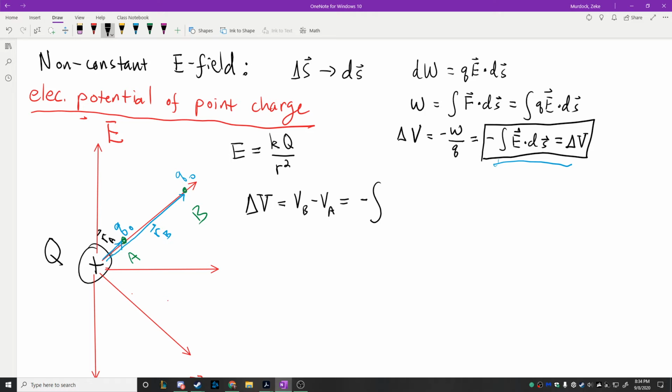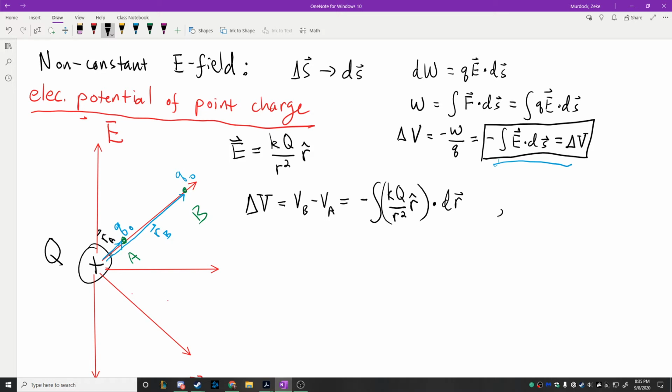Well, E is KQ over R squared, and we can make it into a vector as long as I put R hat right here. We need to do the dot product of that with the change in S. So S is your path, and our path in this case goes from A to B. And that is a radial direction, right? So we're just going to put dot dr in there.